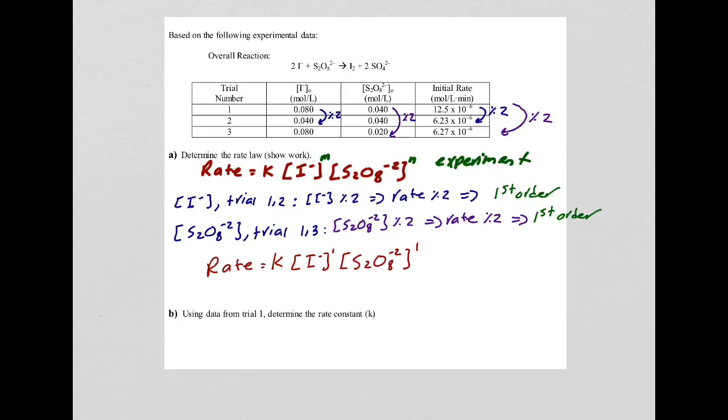Ready to do this? Okay. Again, don't forget my rate law is rate is equal to K times I minus concentration to the power of 1 times S2O8 minus 2 concentration to the power of 1. That's good. Now I'm just going to use trial 1. This is my rate, 12.5 times 10 to the minus 6.